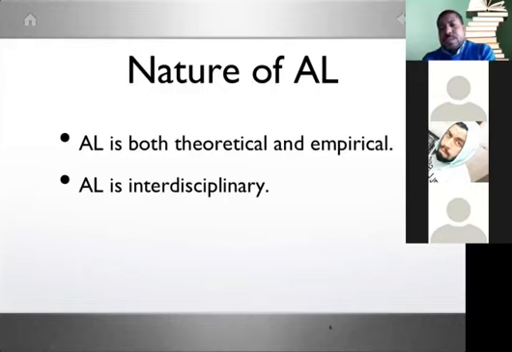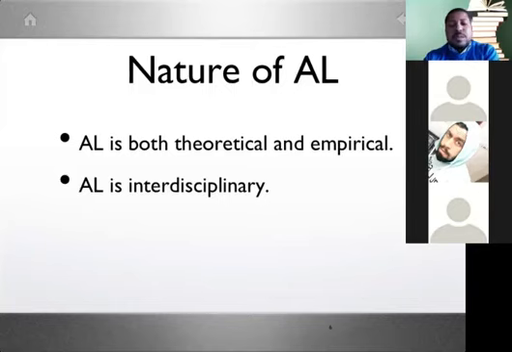So applied linguistics and the fields I mentioned before use the same research methods. In applied linguistics, we can use case studies. In anthropology and sociology, they use case studies. In applied linguistics, we could use observation.